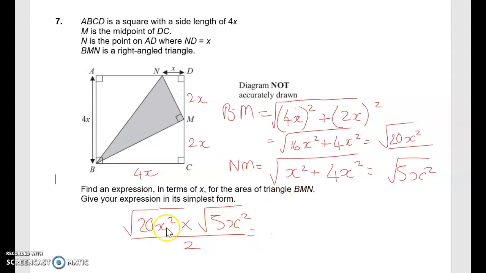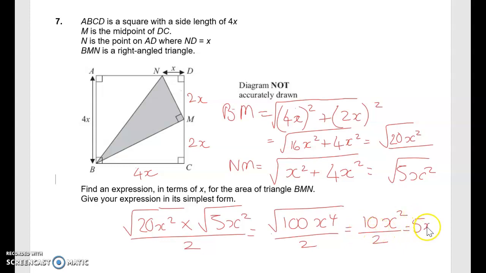So I'm going to multiply these, I can put them under the same square root, so square root of 20 times 5, which is 100, x squared times x squared is x to the power of 4, all divided by 2. So simplify again, so the square root of 100 is 10, the square root of x to the power of 4 is x squared, over 2. Cancel it down further, I end up with 5x squared as my area.